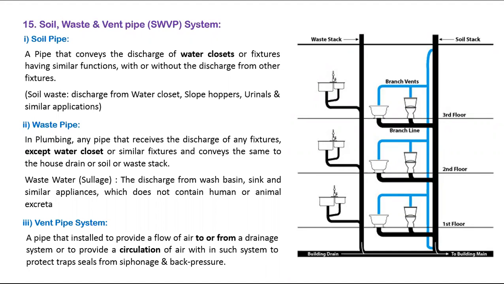The kitchen drain pipe comes from the kitchen. The soil pipe comes from the IWC or EWC, and the urinal also is connected into the soil pipe. All three systems will connect into the soil pipe only. So that is the meaning of with or without the discharge from other fixtures.